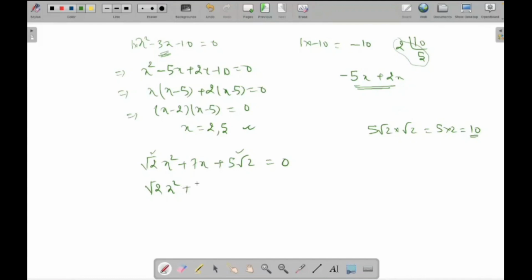So root 2 x plus 5x plus 5 root 2. One second. So you took x common, so this will be root 2 plus 5, root 2 x plus 5.